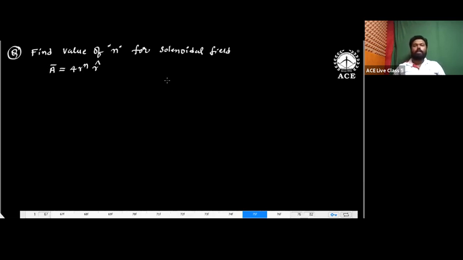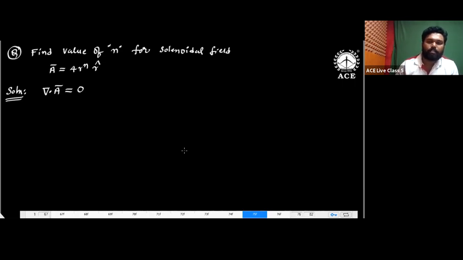Yes, beta. It is a spherical coordinate system, and it is said that the field is solenoidal. What is the divergence formula in the spherical coordinate system? Solenoidal means divergence is 0, so divergence of A is equal to 0.